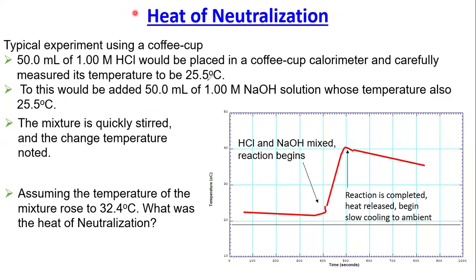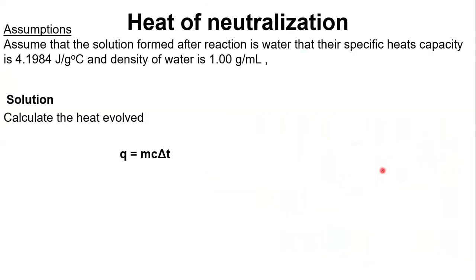So I've already said that this is the formula that we'll use: Q is equal to mC change in T, right? The Q is the heat transferred, the m is the mass, the C is the specific heat capacity, and the change in T is the change in temperature.